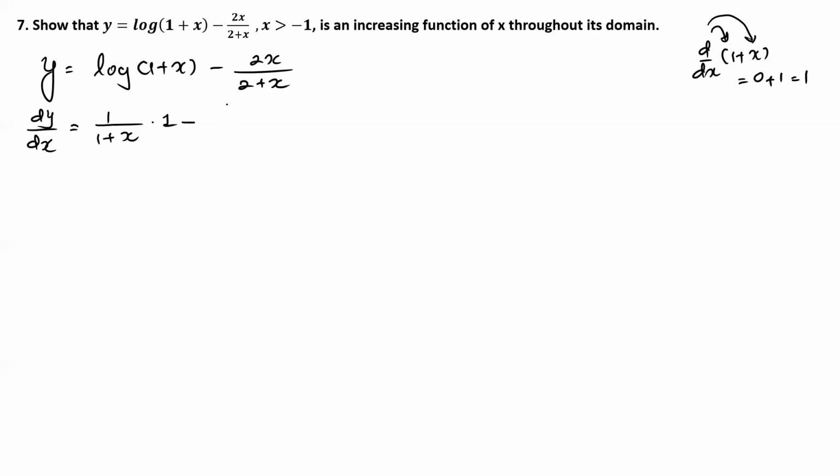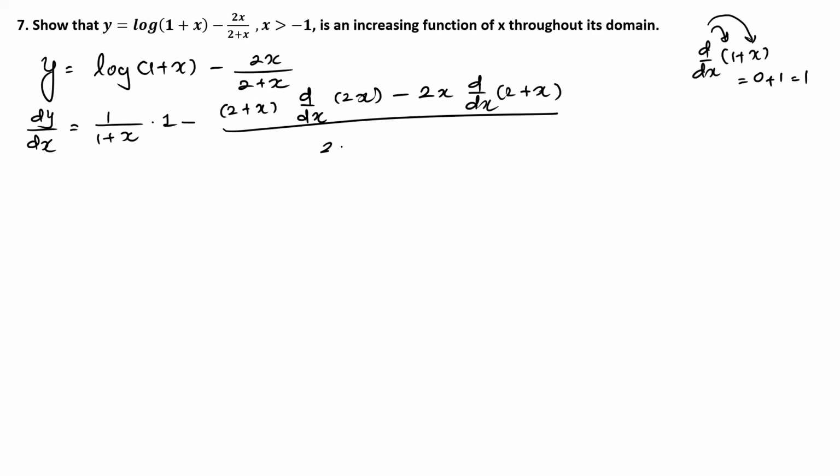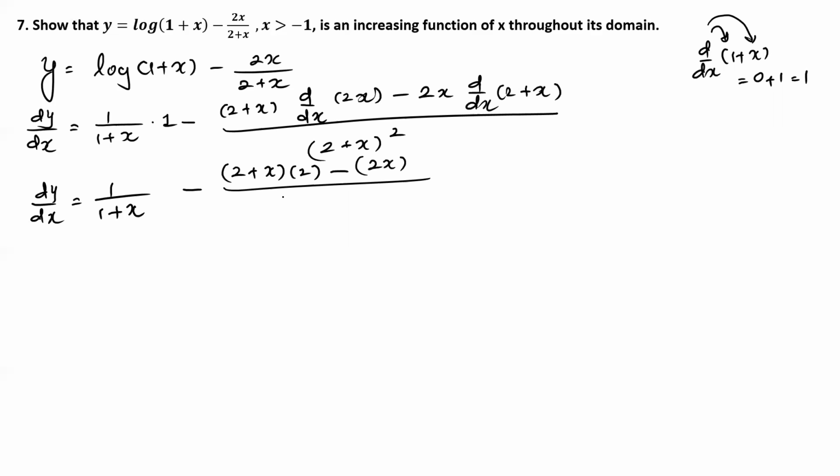Here the quotient rule: denominator as it is, differentiation of numerator, minus numerator as it is, differentiation of denominator, upon denominator square. dy by dx is equal to 1 by 1 plus x minus, differentiation of 2x is 2, so 2 plus x times 2, minus 2x, times the differentiation of 2 plus x, that is 1 only, upon 2 plus x whole square.